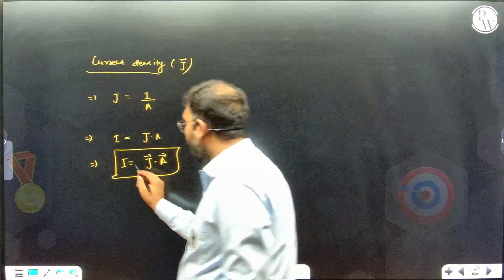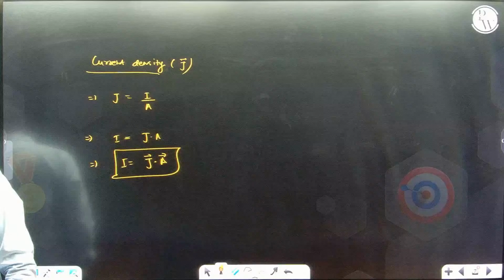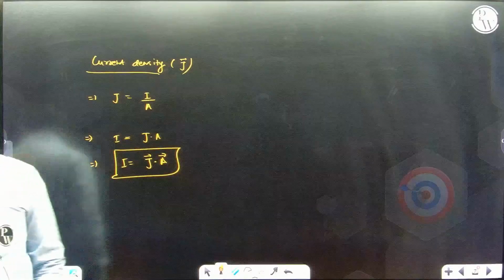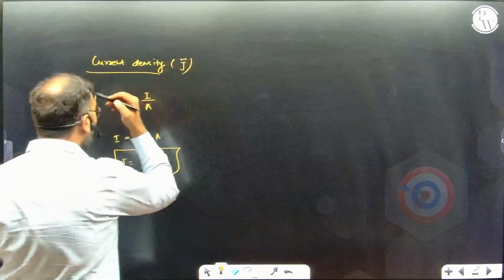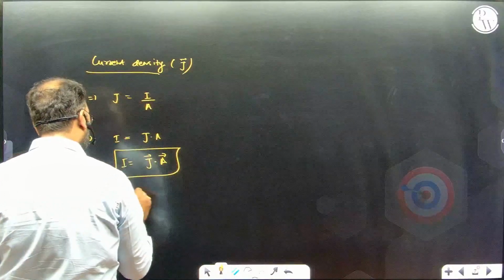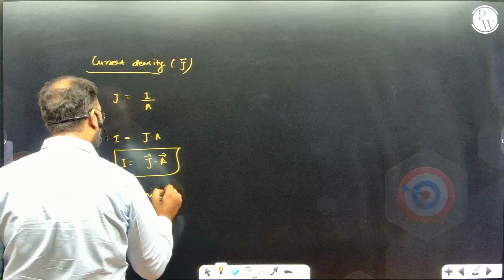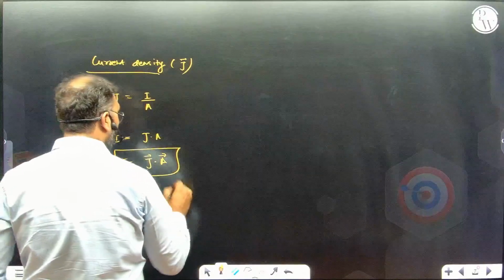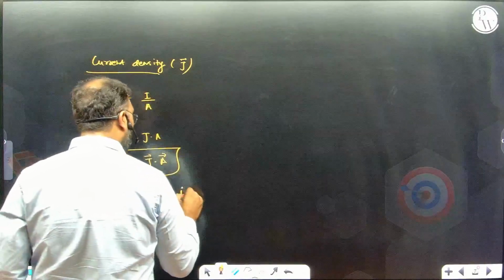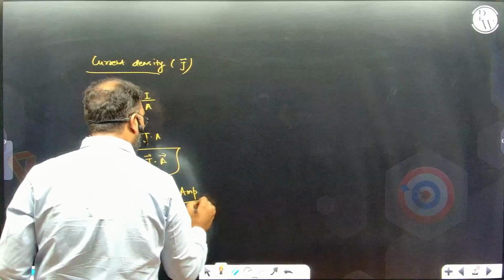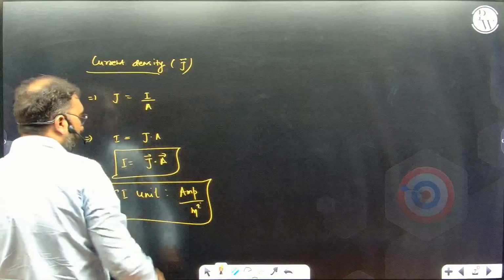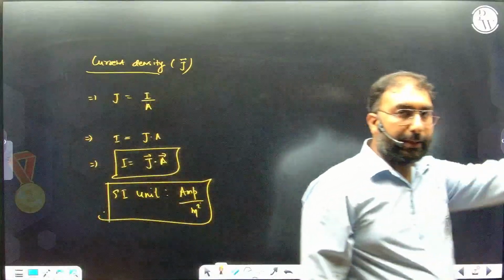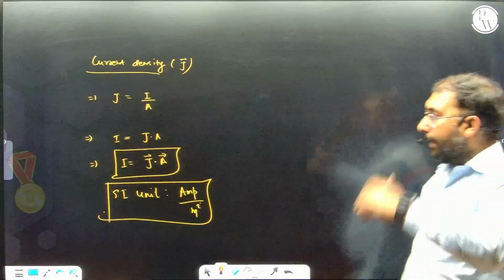So I can be written as J dot A. And what will be the SI unit for this one? This is ampere and this is meter square. So this is ampere upon meter square. So this is the SI unit. The way you have to write down the current is J dot A.